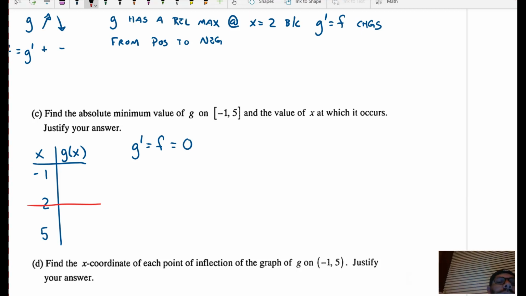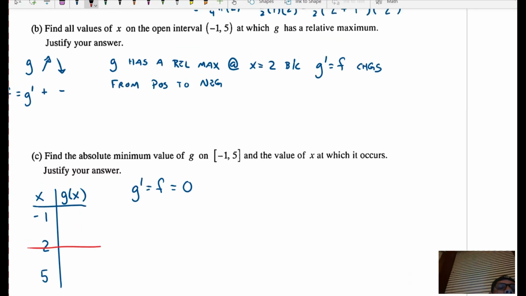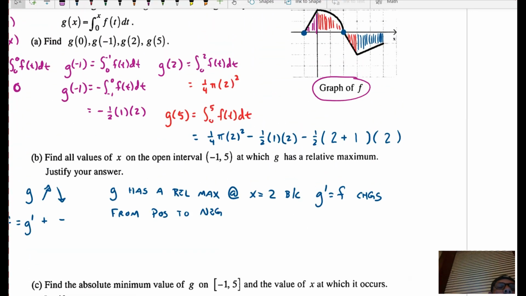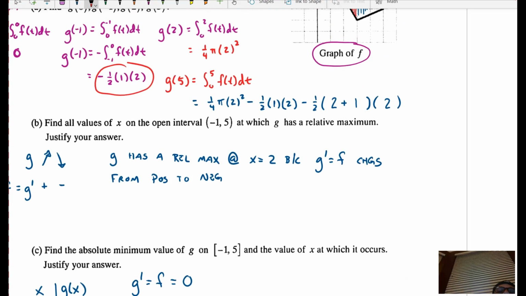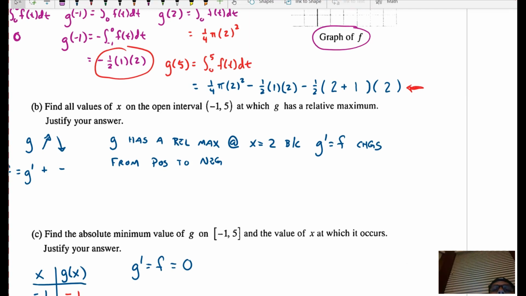So then we just need to calculate g of -1 and g of 5. G of -1 we calculated in part A. It's at -half times 1 times 2, so g of -1 is -1. And then g of 5 we also calculated in part A. It was this number here that we didn't simplify. So then we'll go ahead and simplify that now.